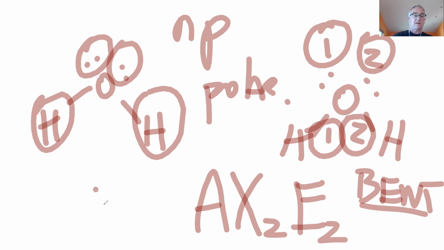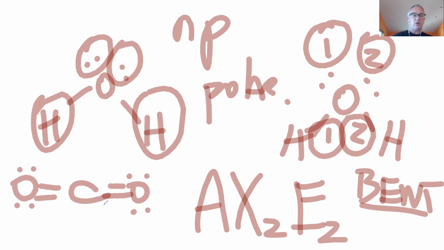So for instance, carbon dioxide is non-polar, even though it has 2 polar bonds. There's one dipole, there's the other dipole, but they're equal and opposite. They point in equal and opposite directions, so they cancel each other out. Carbon dioxide is a symmetrical molecule. It's linear. You cut it in half, it's the same. It's a mirror image any way you cut it. And so it's a non-polar molecule, even though it has polar bonds. So basically, you're looking for symmetry.